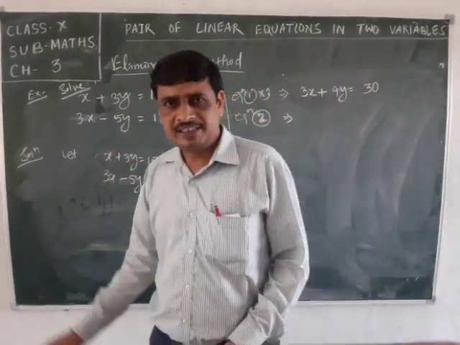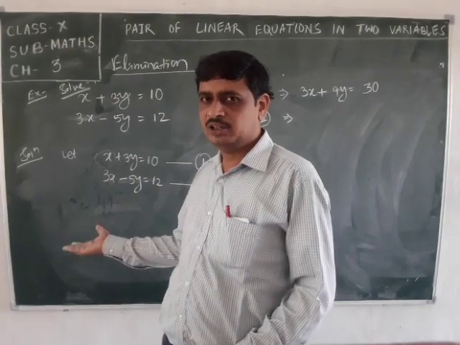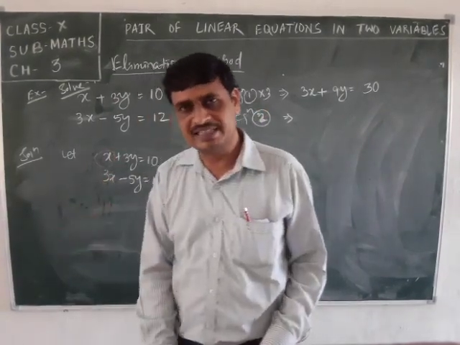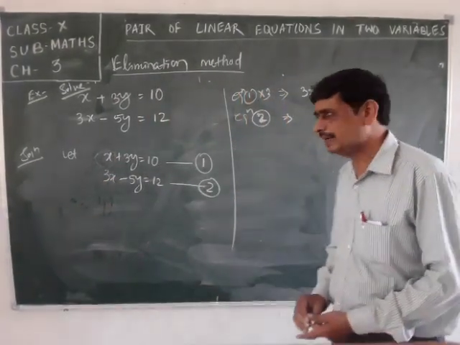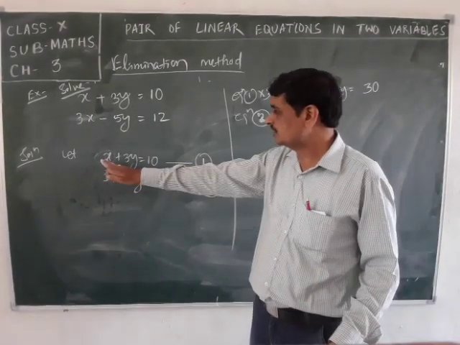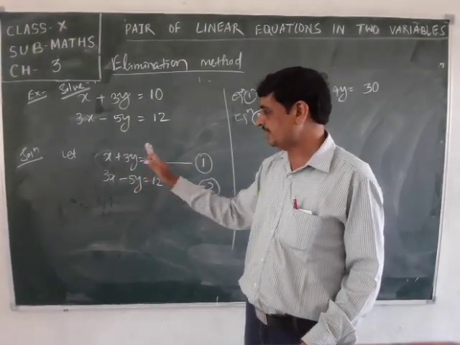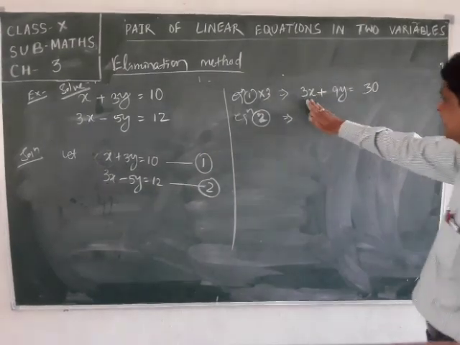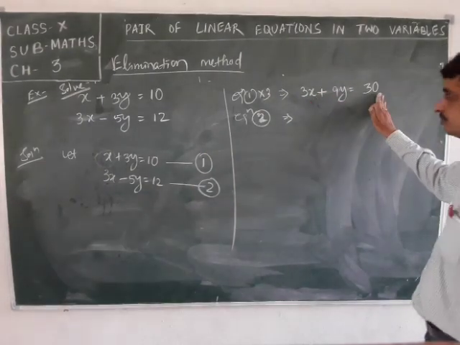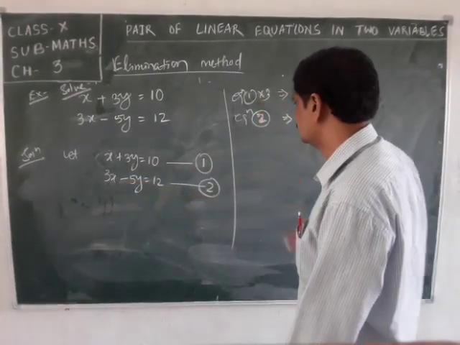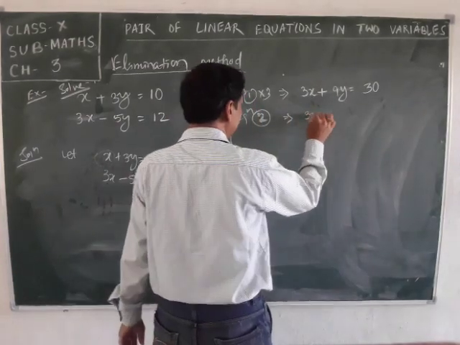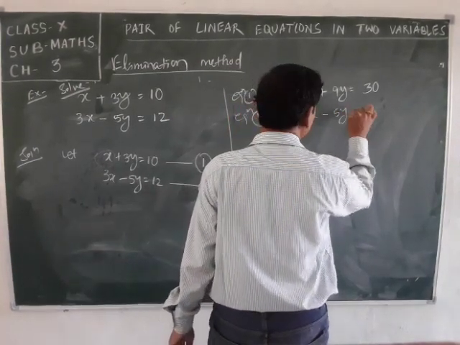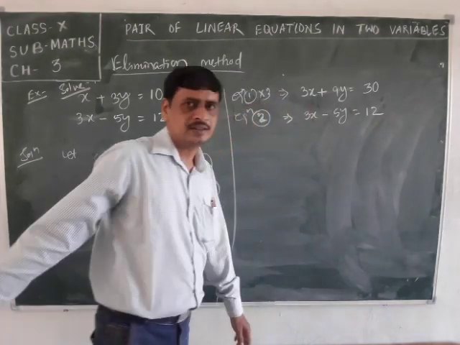The factor is multiplied with all the terms present on the right side and also on the left side. So this 3 multiplies x, 3y and also 10. It gives 3x, 9y and 30. Next, equation 2 should be written directly, that is 3x minus 5y equal to 12.